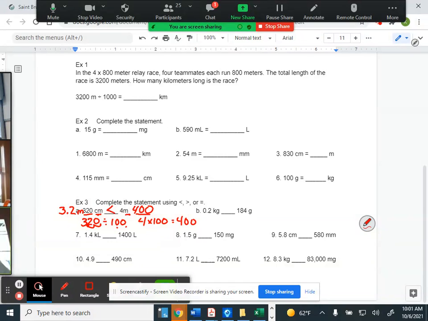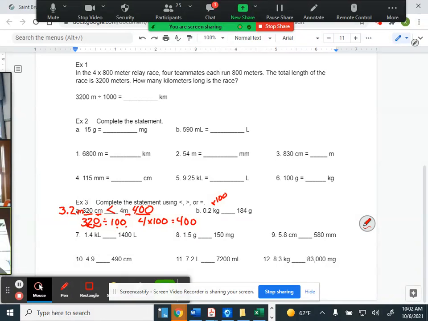So 0.2 kilograms and 184 grams. I'm going to turn my 0.2 into grams. So it's going from large to small, so that's dividing by 1,000. Sorry. That would be multiplying by 1,000.